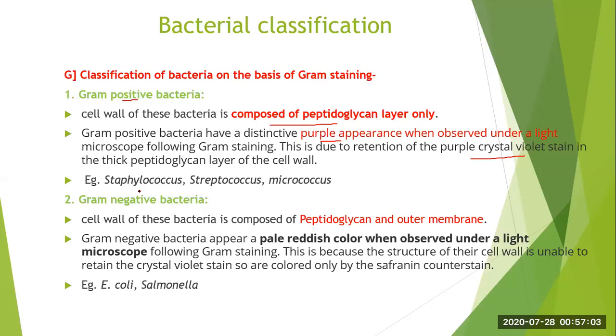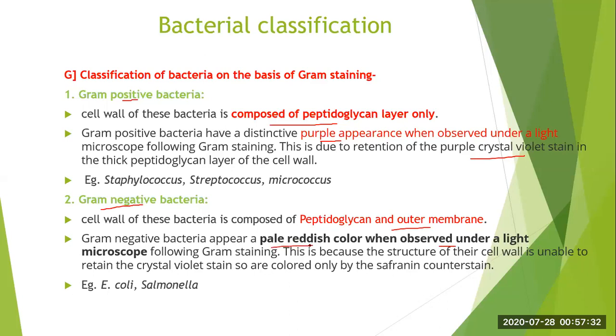Examples are Staphylococcus and Streptococcus. In the case of gram-negative bacteria, we already know their cell wall is not so thick. Along with that, they also have a lipid bilayer, or we can say an outer membrane. These gram-negative bacteria cannot retain that color, as their cell wall is not so thick, and when you observe them under light, they look pale reddish.